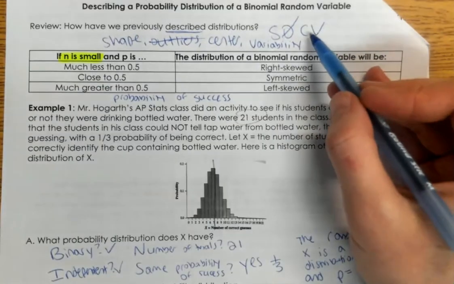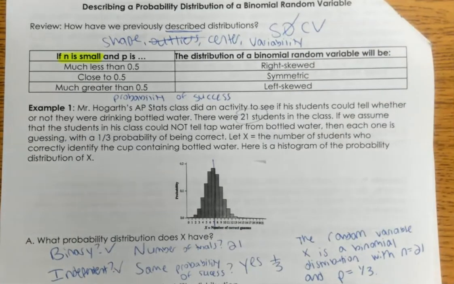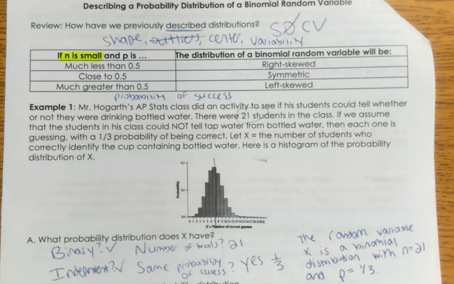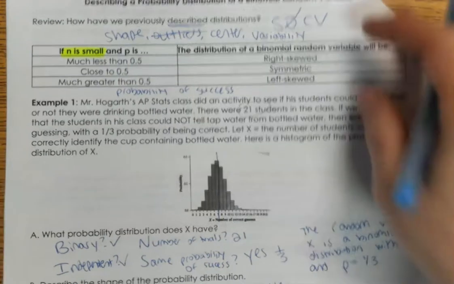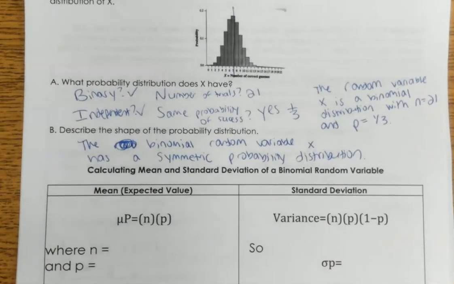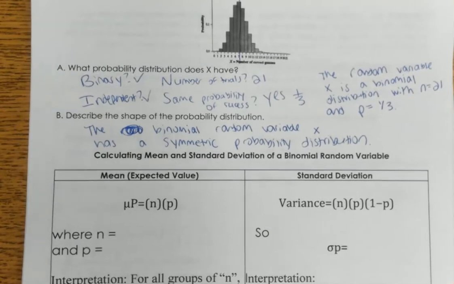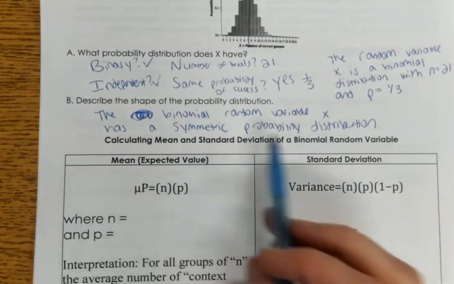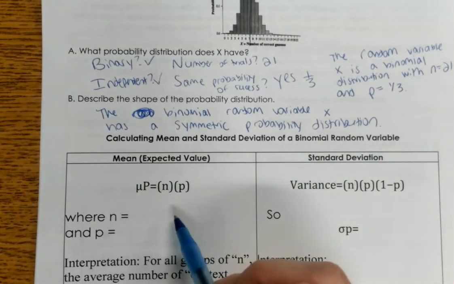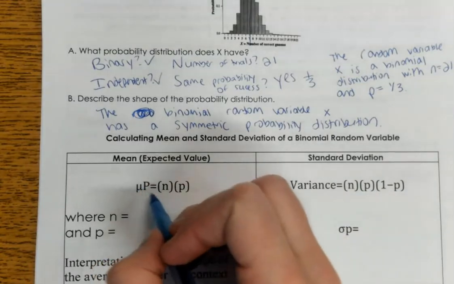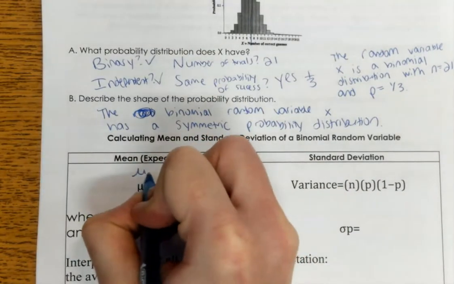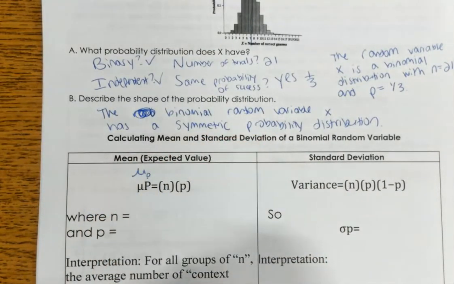The two other things that we need to address are the center and the variability, and with all of these probability distributions, we've used the center as the mean and the standard deviation as the variability, which we'll continue to do. So I've got two new formulas for you, but don't worry, they're on the stats formula sheet, and I'm going to get that out soon and get you guys familiar with it. But calculating the mean and standard deviation of the binomial random variable. So this should say mean of x. I don't know why it didn't subscript.